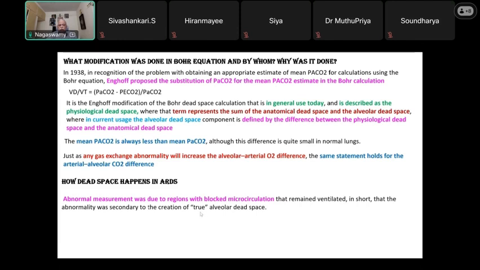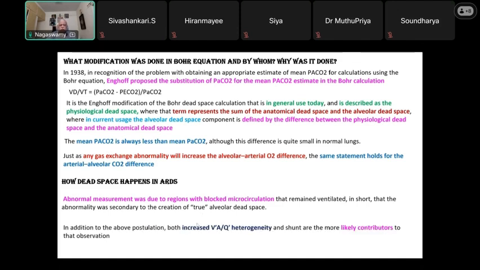So there is a true alveolar dead space secondary to this obstruction. In addition to that, there are also variations in the alveolar ventilation perfusion mismatch, ubiquitously present all over the lung. Both of them cause dead space.